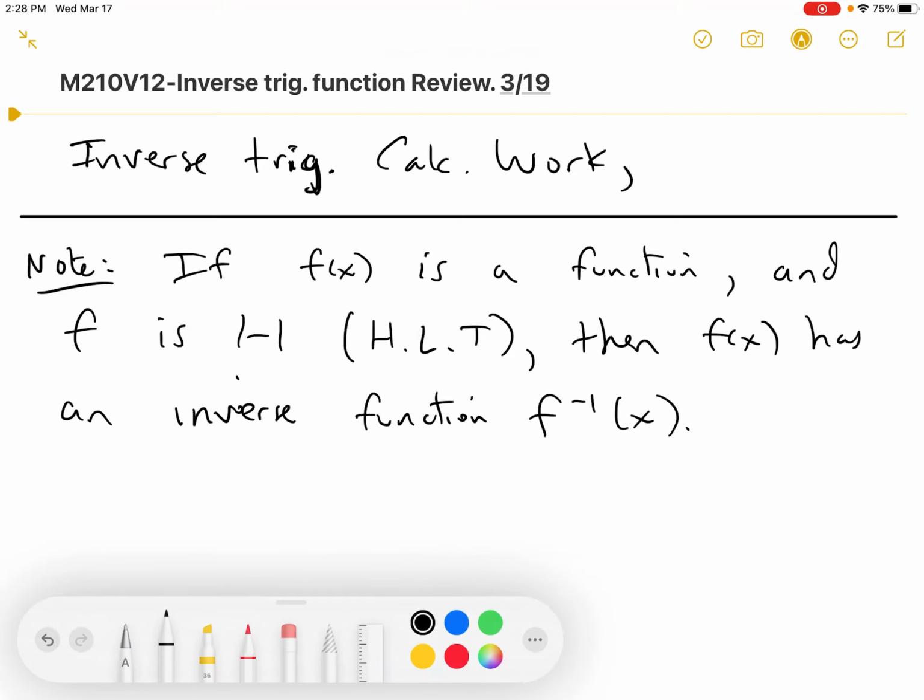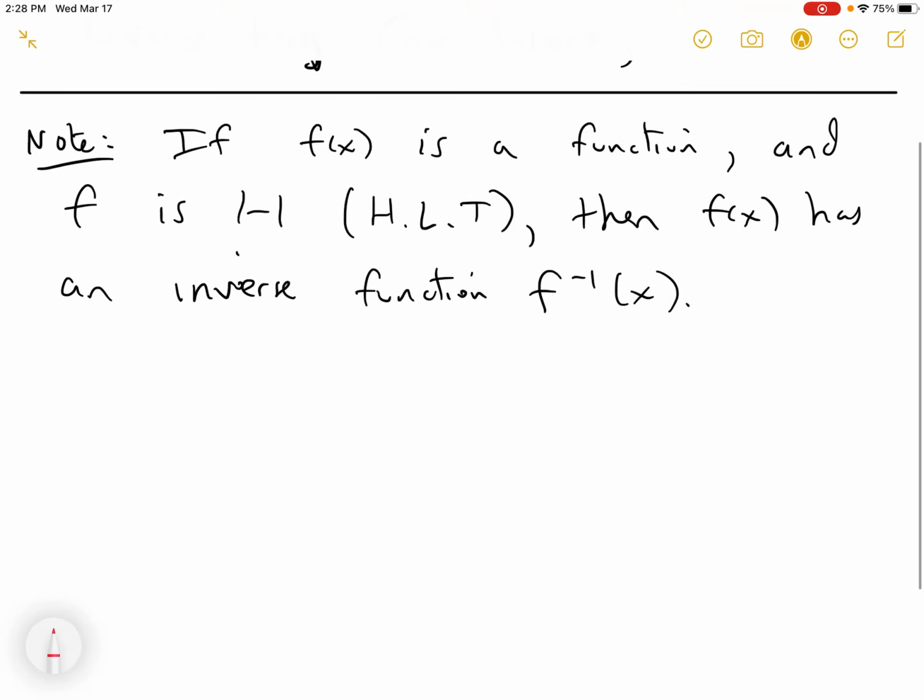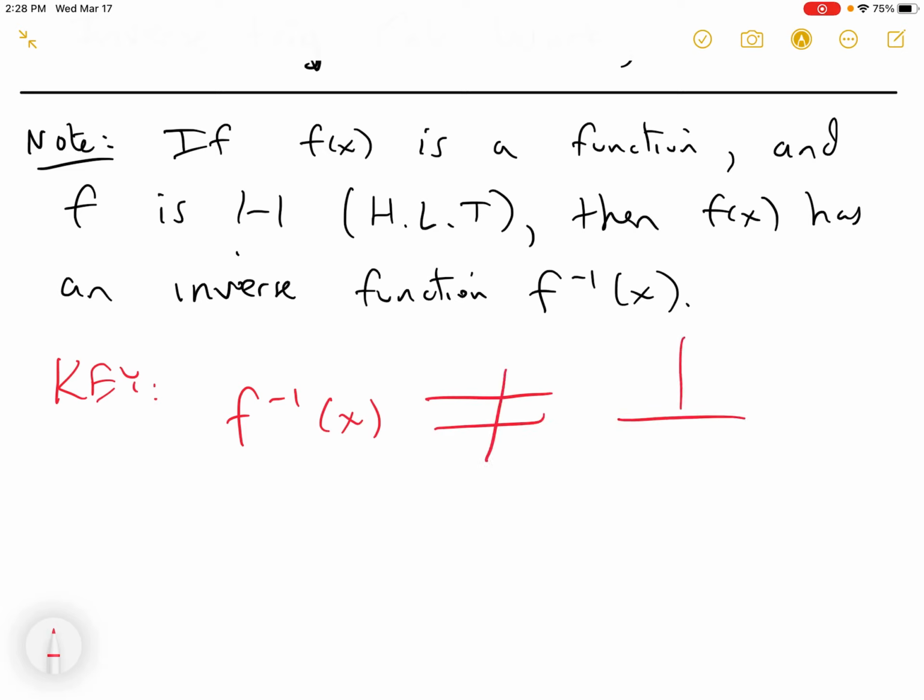Now, this is key. F inverse of x is not equal to 1 over f of x.